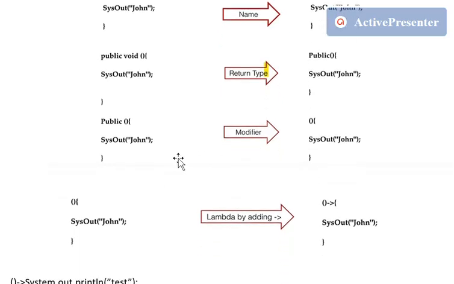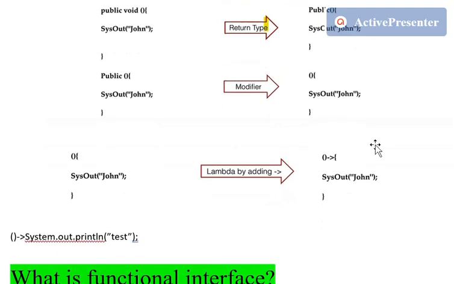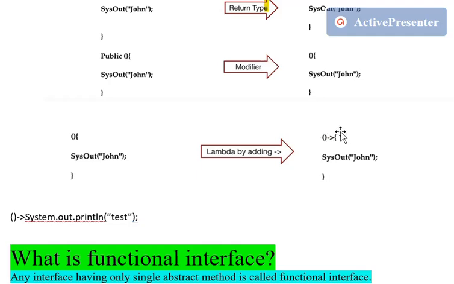And in the third step, I am removing the access modifier public. So finally I'll have this code. And now we can put a lambda symbol in between the method parameter and the body of the function. So after inserting this symbol, we get this code: method parameter, lambda symbol, and the body of the function.